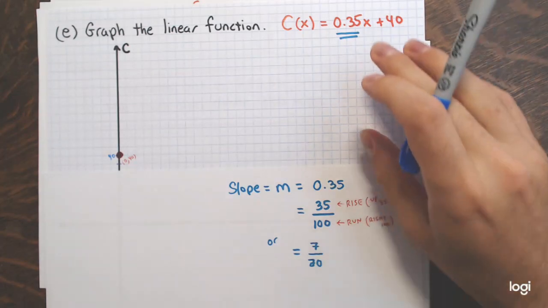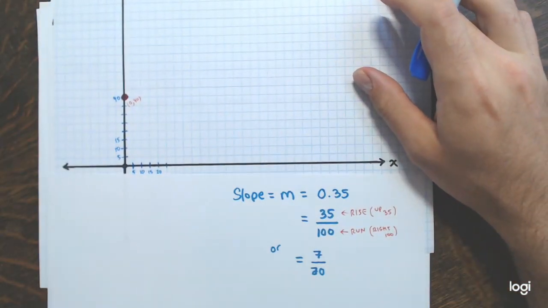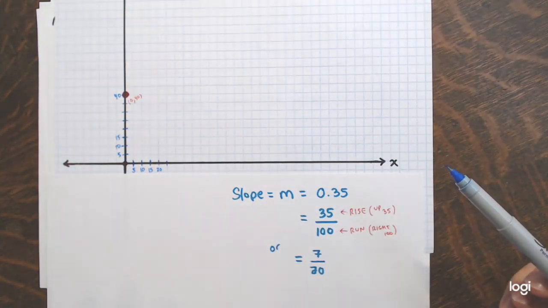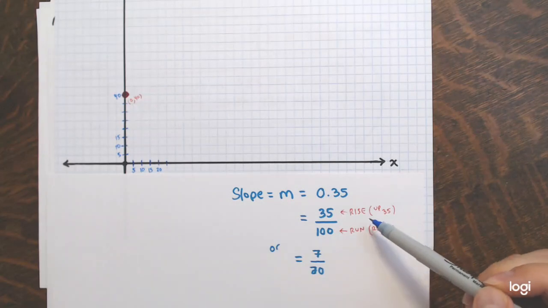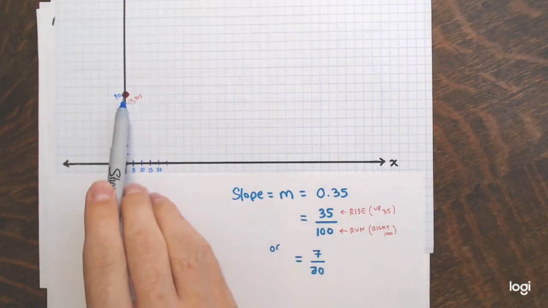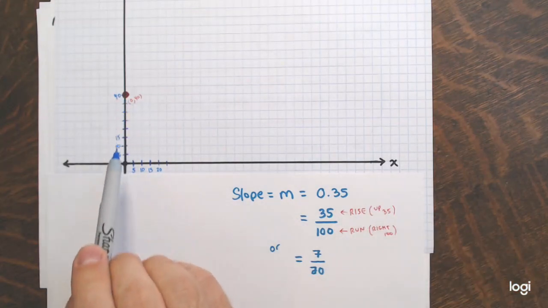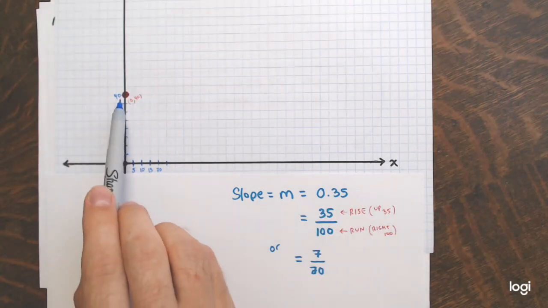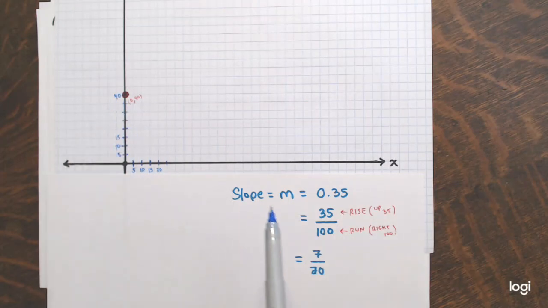Now remember, every single one of these squares I'm having represent 5 units. So from the point on the line, 0, 40, don't start from the origin. The slope tells you how to move from a point that's actually on the line to another point. So I'm going to start from 0, 40, go up 35 units.